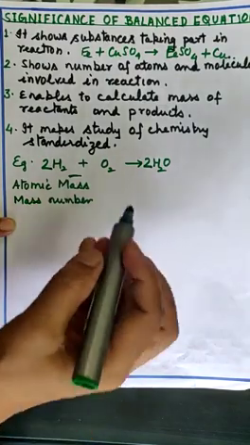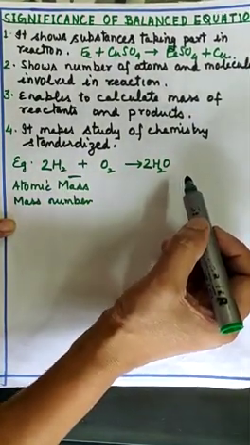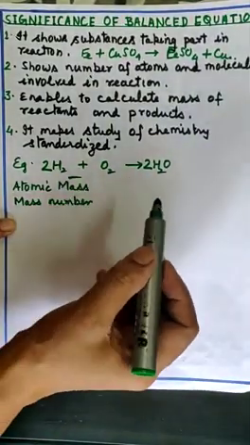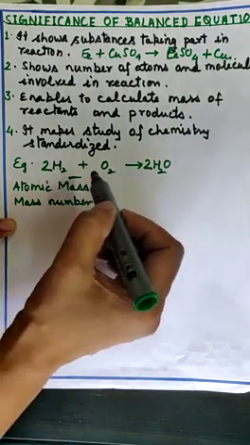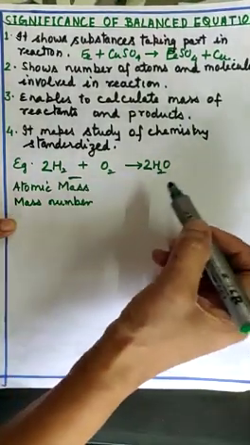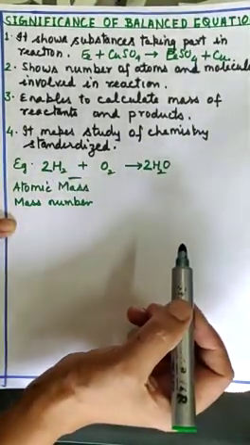Now we can calculate the mass of both the reactants and the product, and we will see that it fulfills the requirement of the law of conservation of matter, that is, the total mass of reactants before the reaction is the same as the total mass of products, but it can be done only when the equation is balanced.